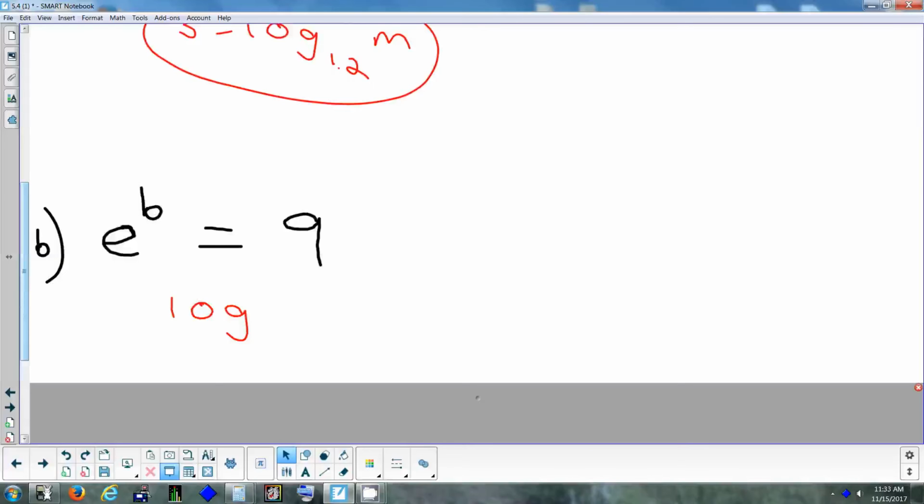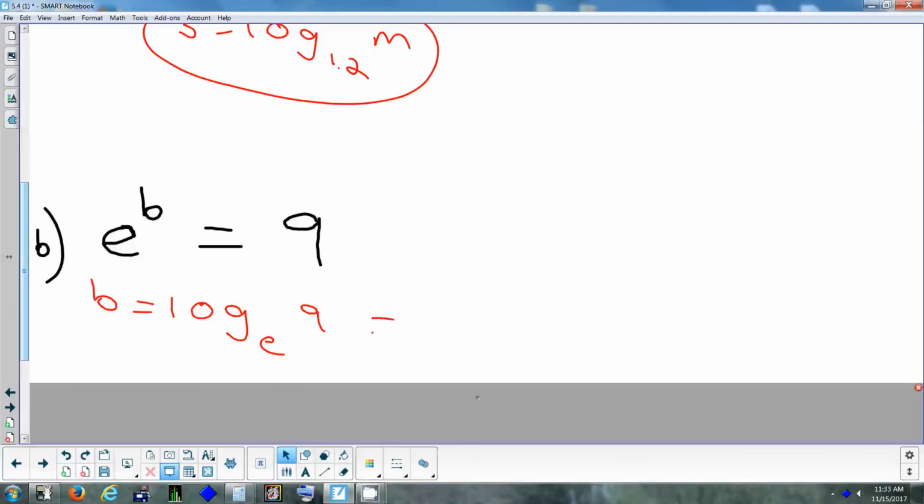Well, Colleen, what's my base here? e. Yep. The base is whatever's lower than the exponent. Log base e. Logarithm always equals the exponent. So on that side, I'm going to put b. And the only thing left is the 9. And that's my argument. Now, there's a different way you can write that.